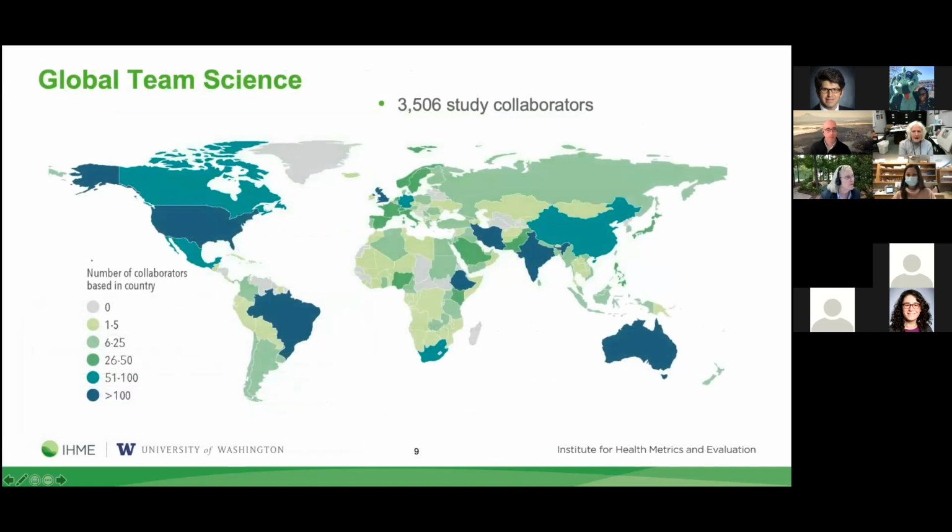This kind of work I call global team science. There's no way this could be done by a small group anywhere, and we now have thousands of collaborators. This is just a map of how many people in different countries are contributing to the study. I'd say this is similar to what goes on in large genomics collaborations, where we see many thousands of scientists working together. It's what goes on in astrophysics now, too.